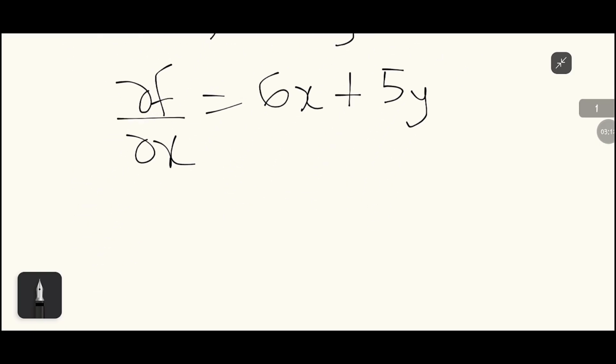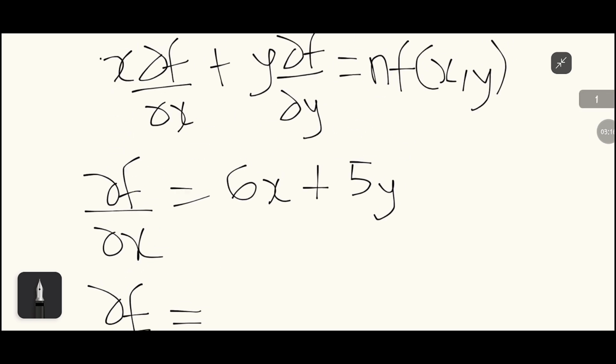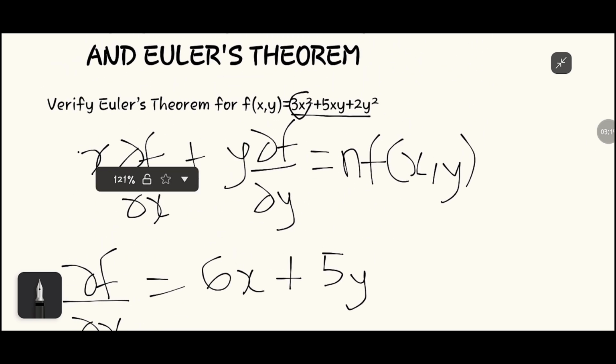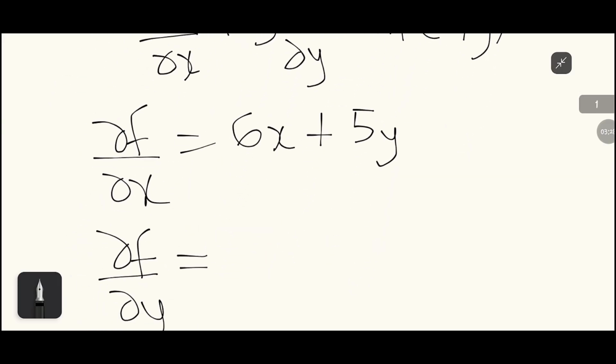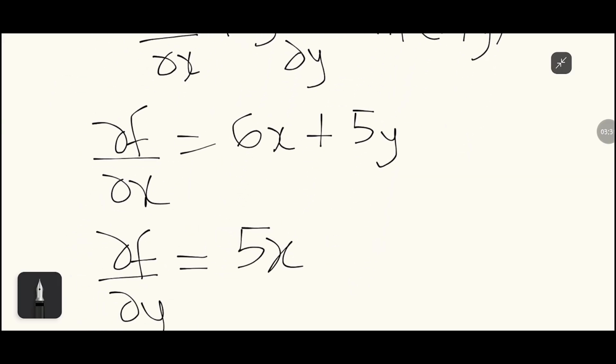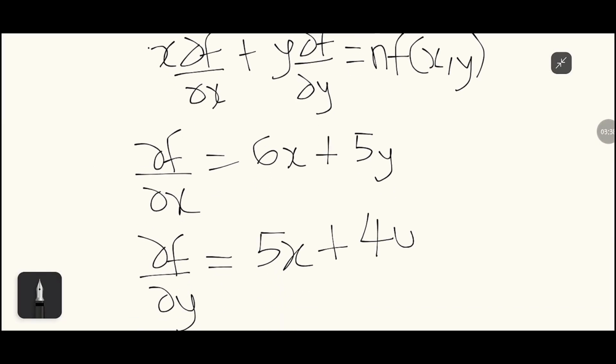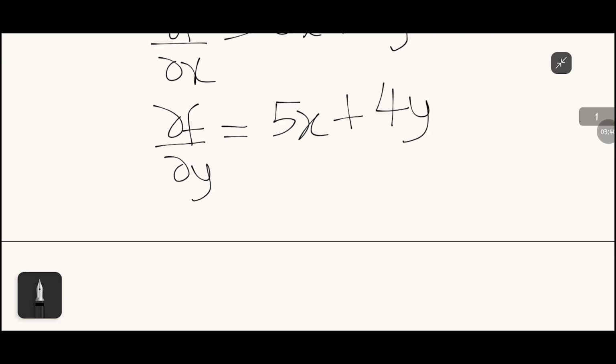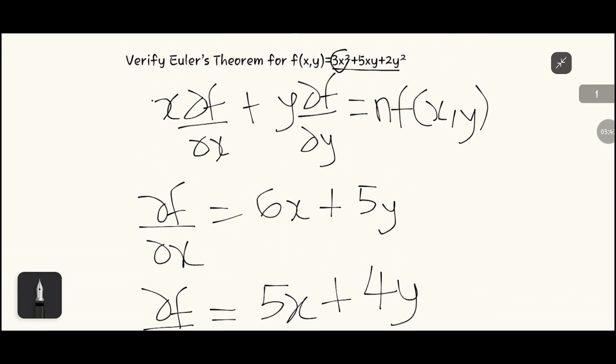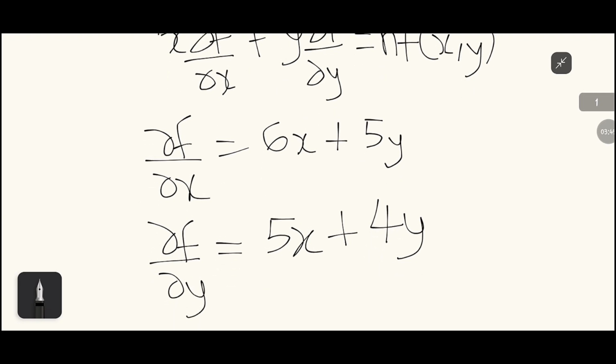Then for ∂f/∂y, differentiating 3x² with respect to y, we'll be having 0. Differentiating 5xy with respect to y, we'll be having 5x, and differentiating 2y² with respect to y, we'll be having 4y.